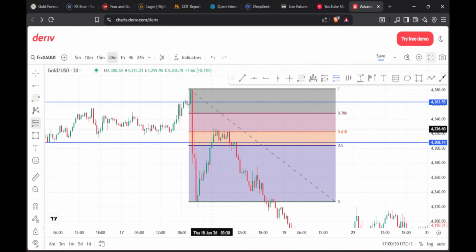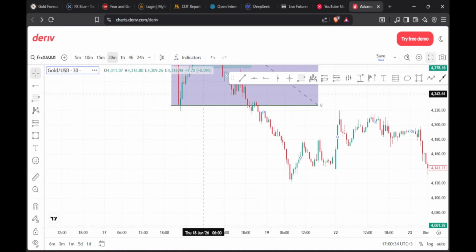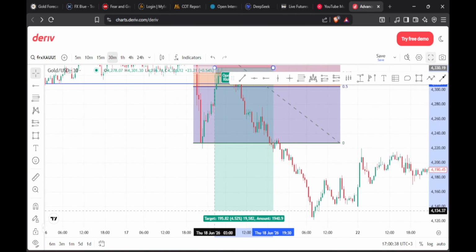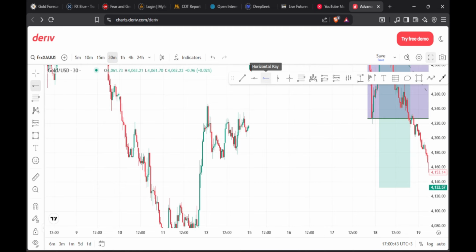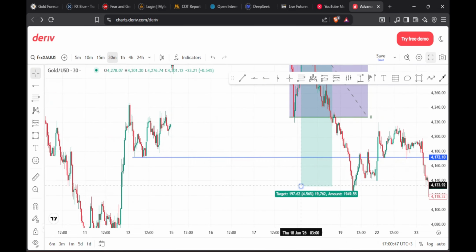Okay, you can take your shots from here. For your target, you can target this liquidity zone right here.